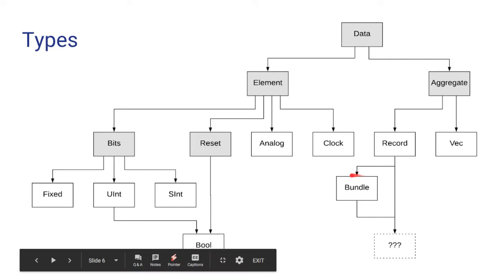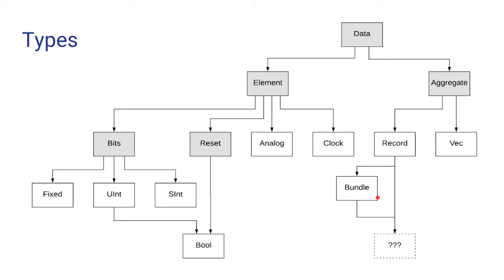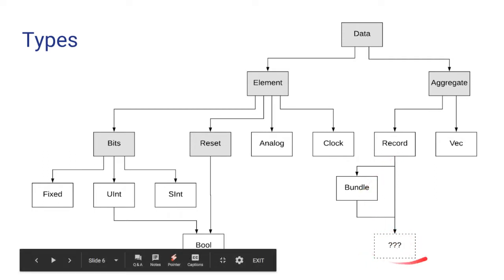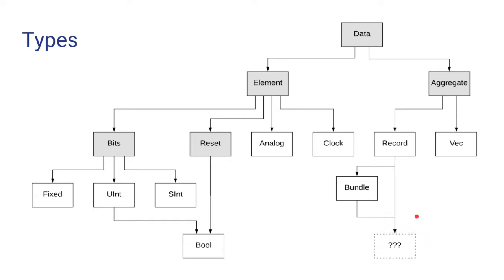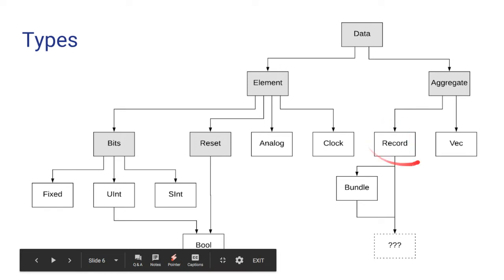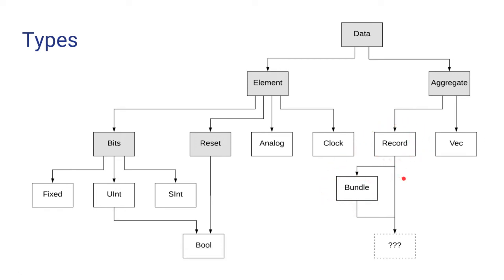Bundle is the main way that we represent structs, like a heterogeneous collection of elements, whereas Vec has to be homogeneous. Both Record and Bundle are the only data types that you can extend, so this is where you can insert your custom types, and this is why you write classes that extend Bundle. If you're doing more advanced things, you might write classes that extend Record, which is just taking Bundle but getting rid of the magical reflection we use to declare the values.